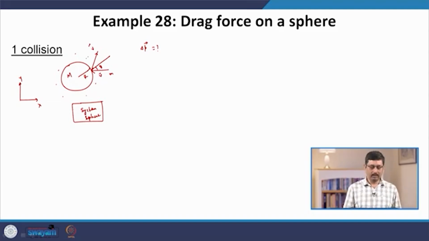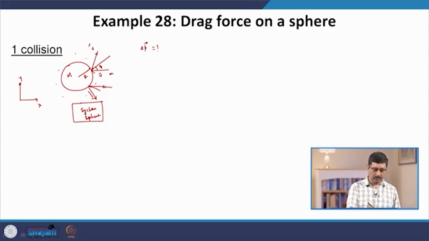So, the first thing is that by symmetry there is no net momentum transfer in the y direction, because if it hits from here, let us say it hits from here and gets rebounded in this direction, then this is a symmetrically opposite case to the top picture.